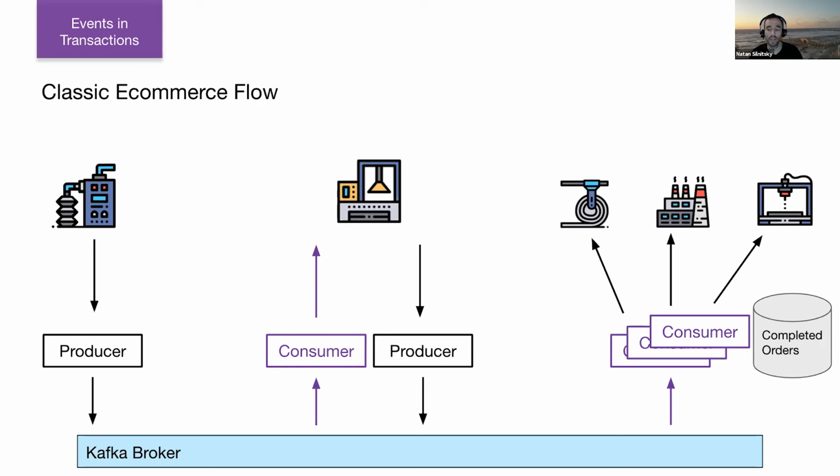One way to solve this is to, like I said, do the deduplication by ourselves. So each of these services needs to set up its own completed orders table. If it gets the order ID in the event, it keeps it in the database.